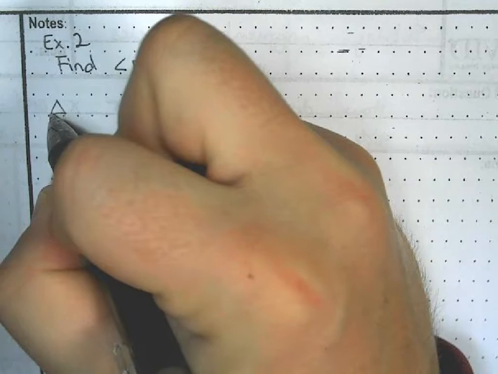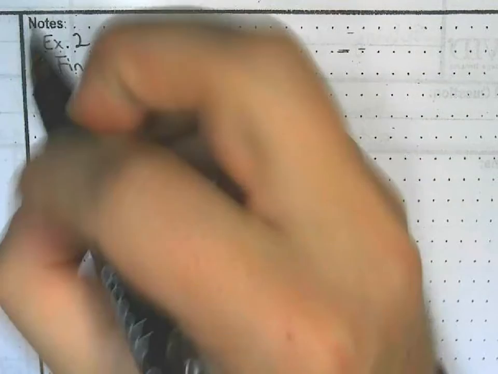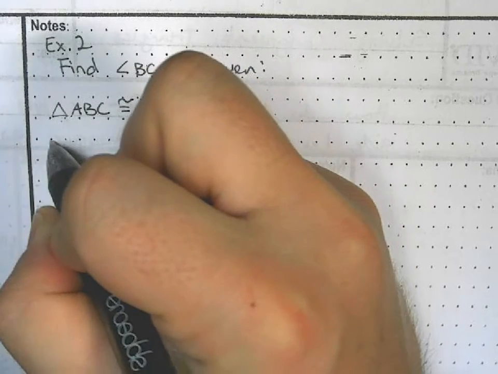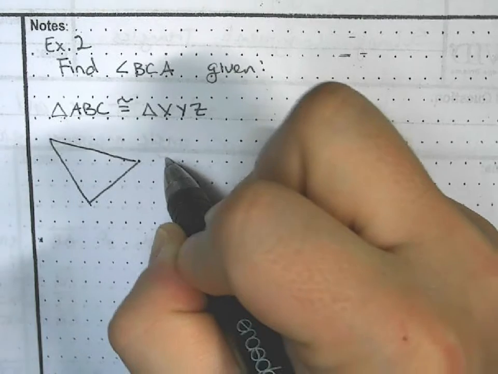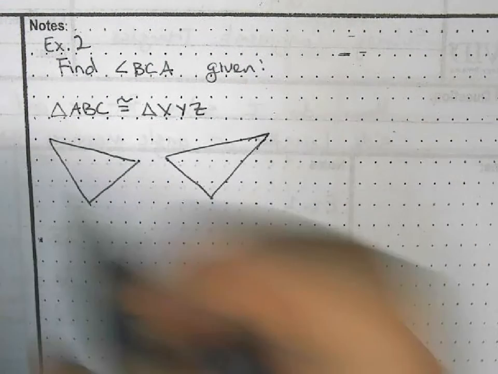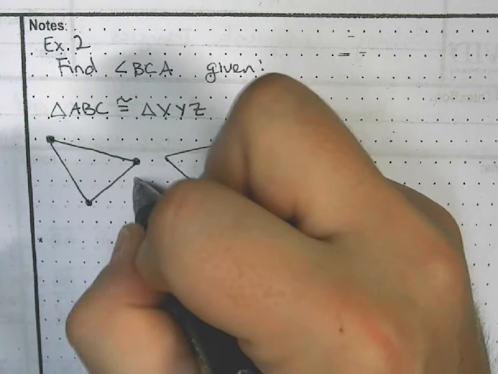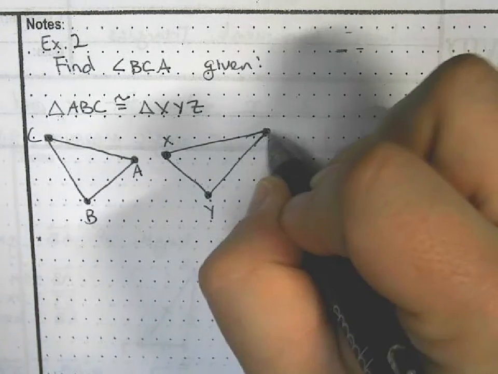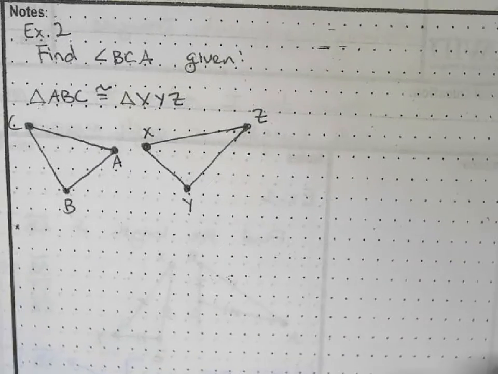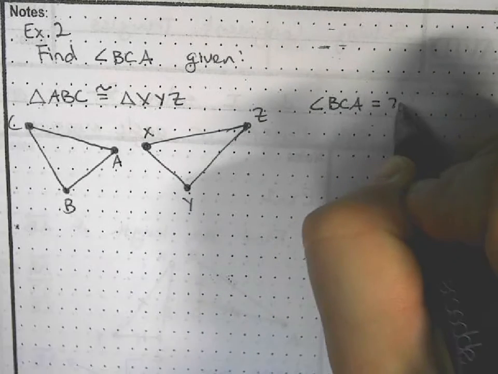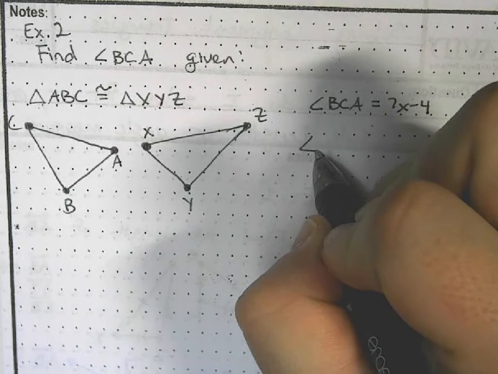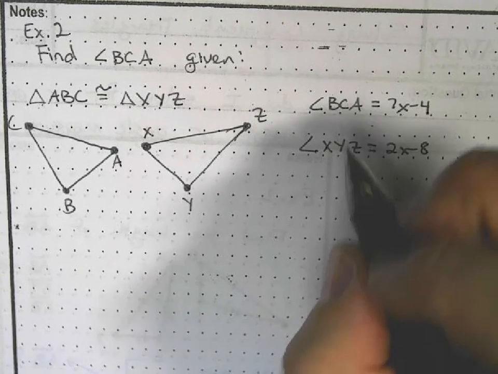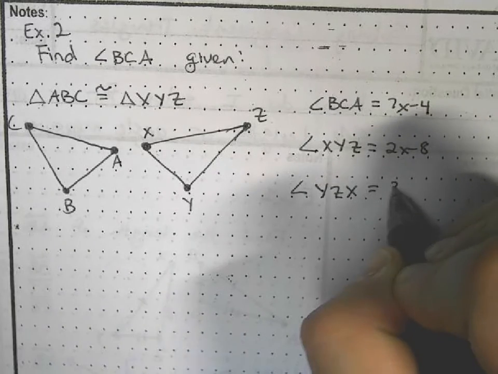We're going to be given triangle ABC is congruent to triangle XYZ. And then we're given this information.